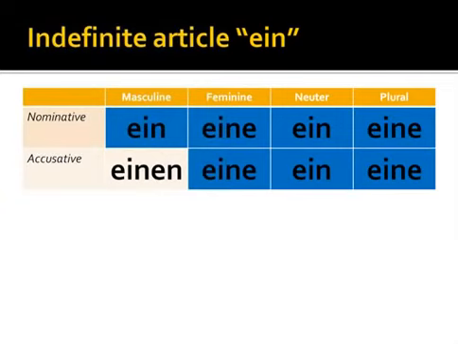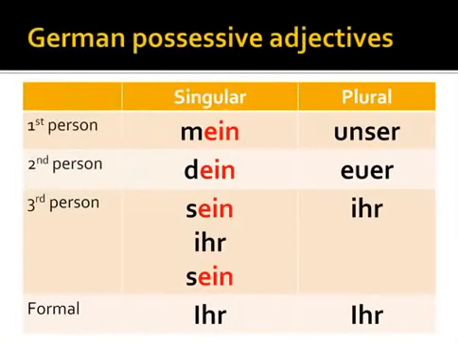Some of the possessive adjectives have ein at the root, mein being an example. The ones that you see on your screen, mein, dein, sein, all have ein as the root.